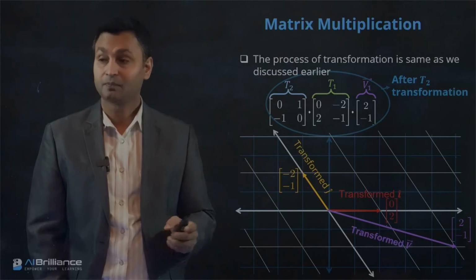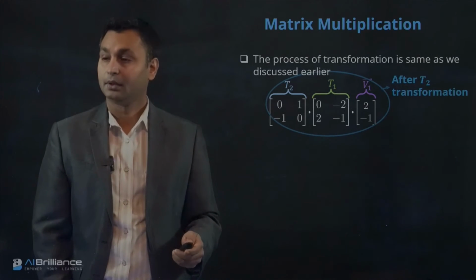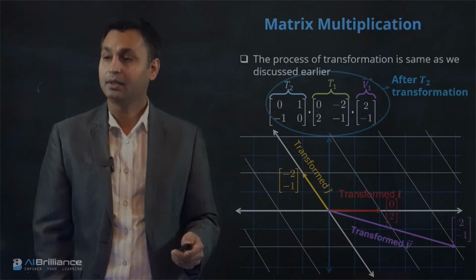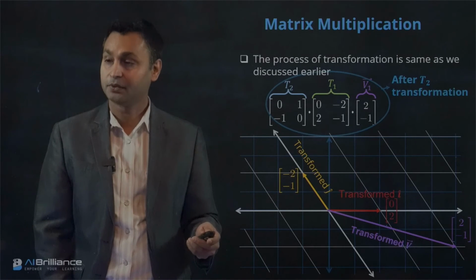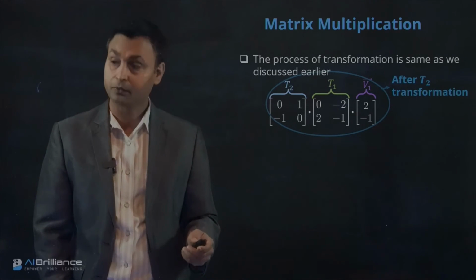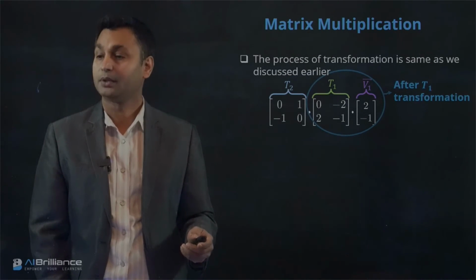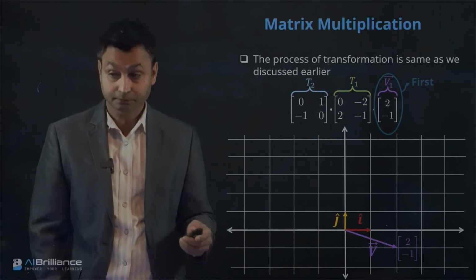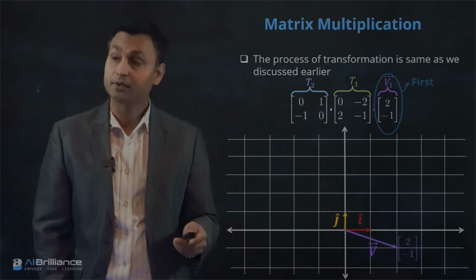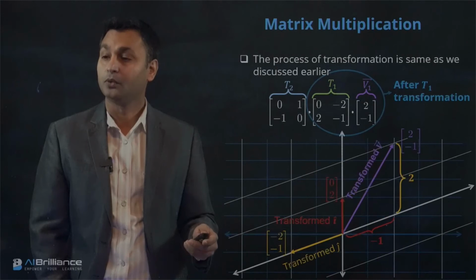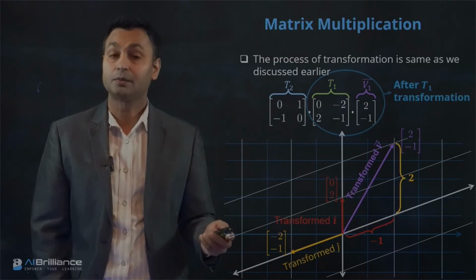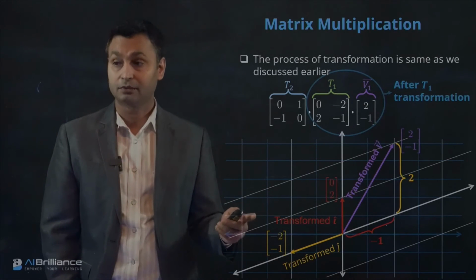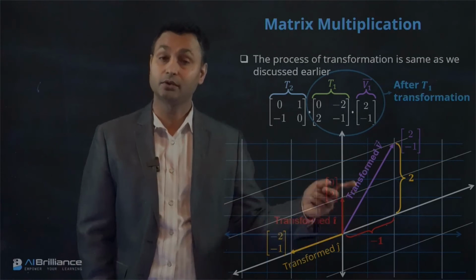Okay, so from the initial location, we move through the first transformation and get here. In this transformation both the unit vectors are getting transformed and the vector v is also getting transformed.